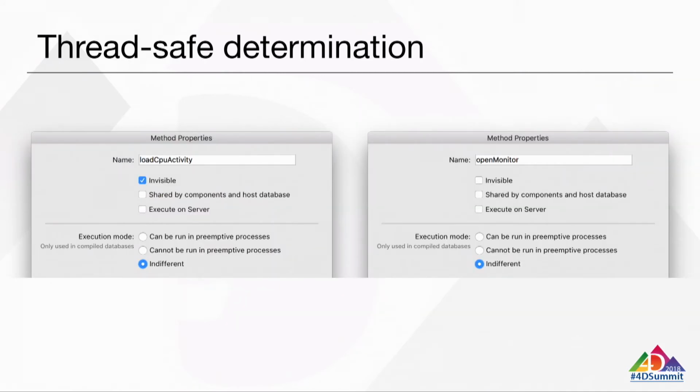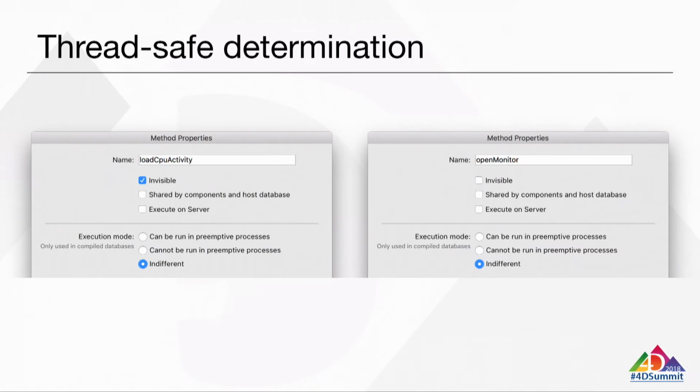Now let's go back to the method properties. Now let's open up the two methods that we saw from the symbol file, right? So we have Load CPU Activity and another one, Open Monitor.